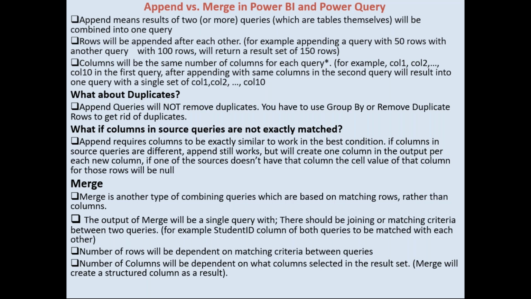It's nothing but, if the first query has 50 rows and the second query has 100 rows, then when you append the data, the resultant query gets a total of 150 rows. Rows will be appended after each other.